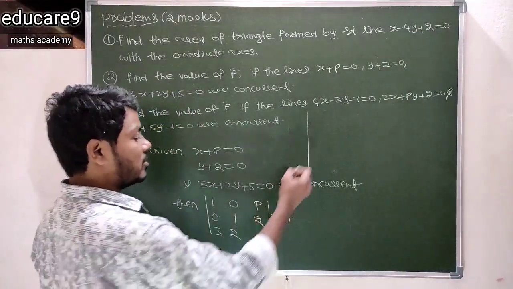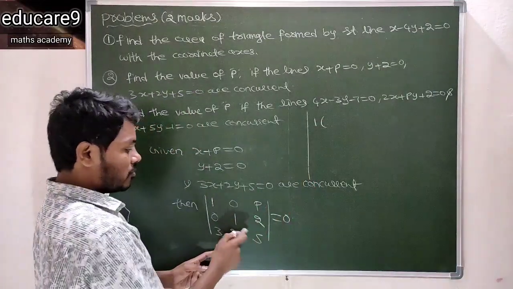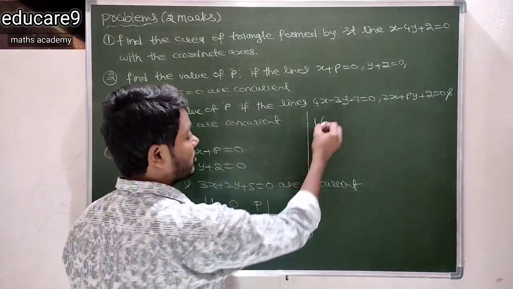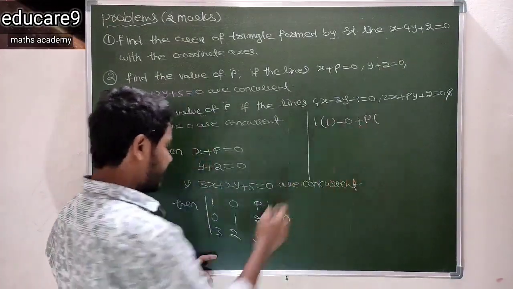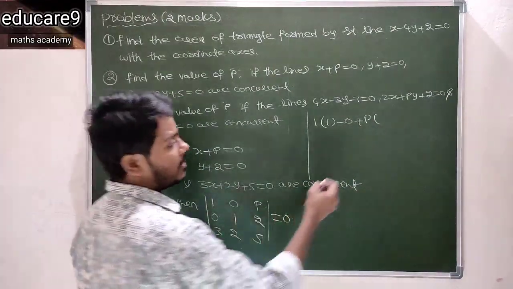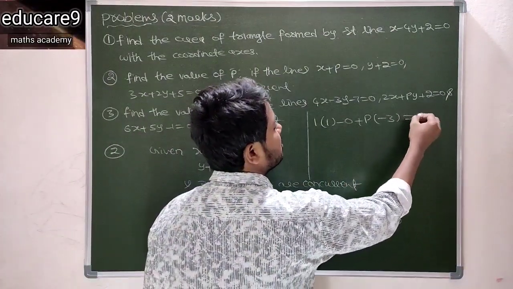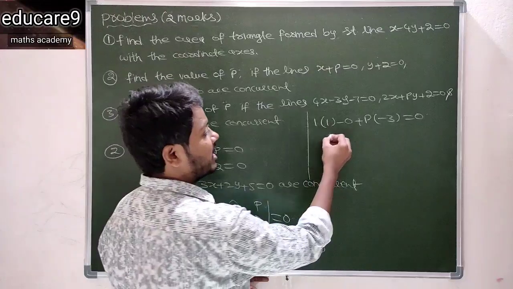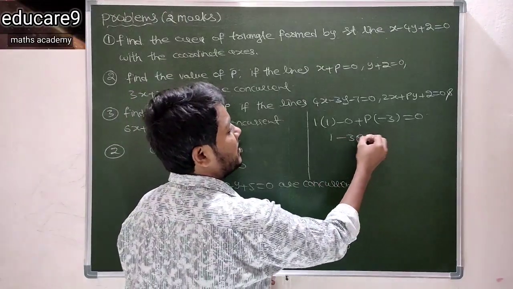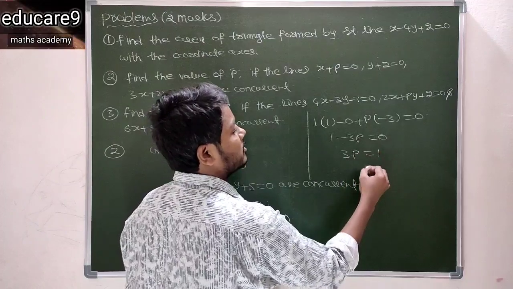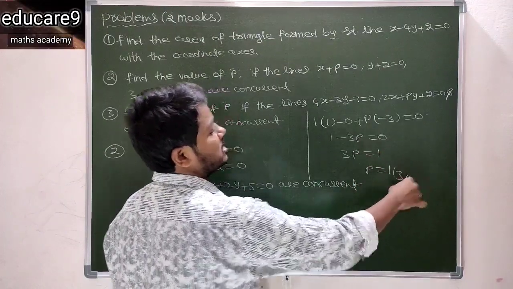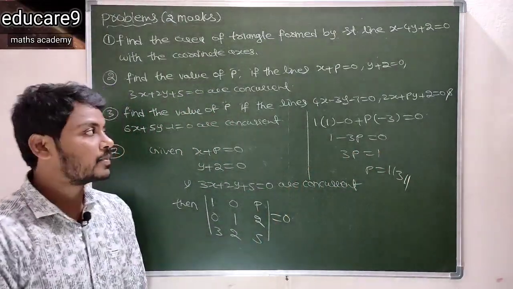What do you get? 1 into (5 minus 4), that is 1, minus 0, plus p into (0 minus 3), that is minus 3p, is equal to 0. So clearly this is 1 minus 3p is equal to 0. So 3p is equal to 1. So p is equal to 1 by 3. So this is the value of p.